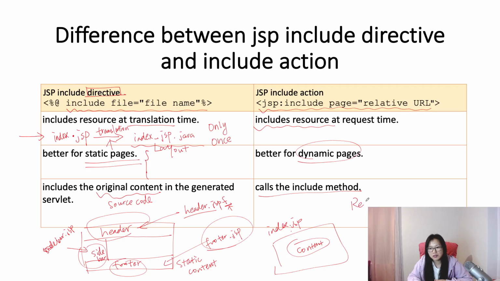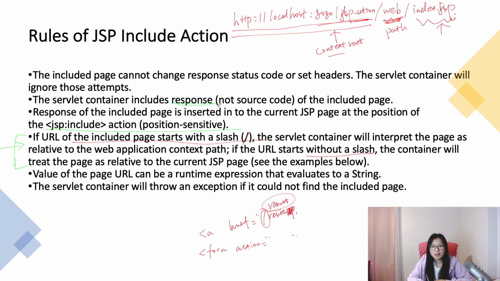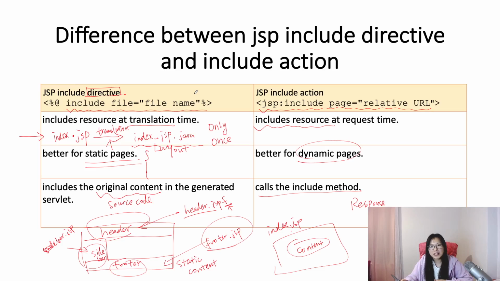It's the response. Do you remember? Here we talk about not the source code, it's a response. It's already been executed. The container has already executed this page, and then it will include the response into the current page.